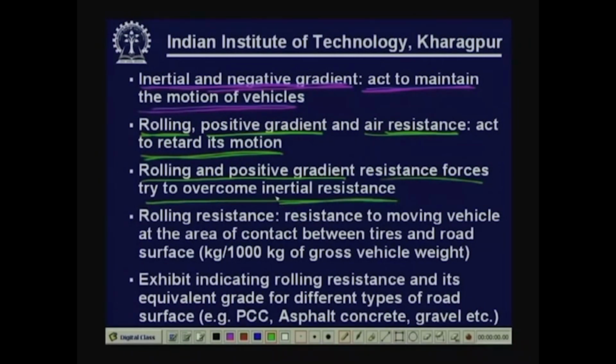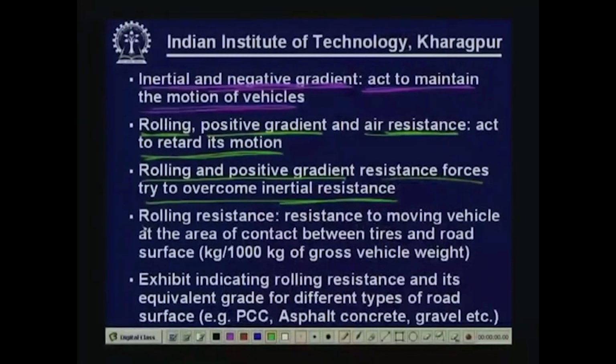One way, the inertial resistance is helping the vehicle to keep motion. On the other hand, rolling resistance and positive gradients are trying to put a restriction on it. They are really resisting, acting against the inertial resistance.